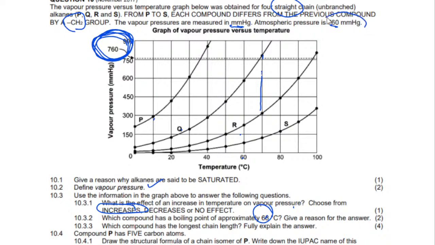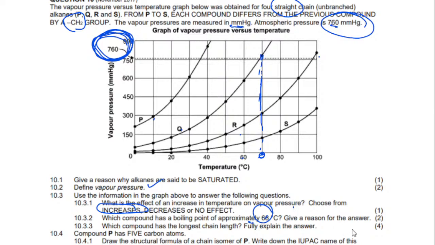They say it here, 760 millimeters of mercury. So whatever is here is boiling now. If this is 60, maybe this is somewhere here. That's why they say approximately 68.